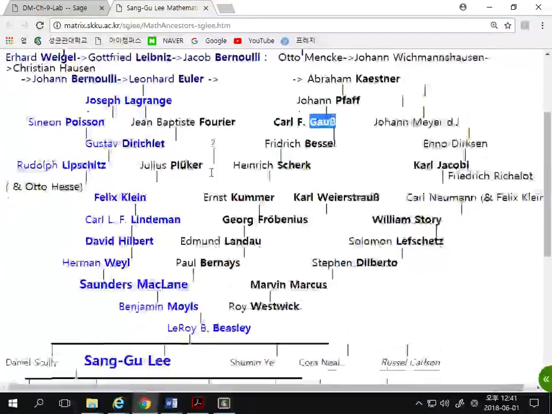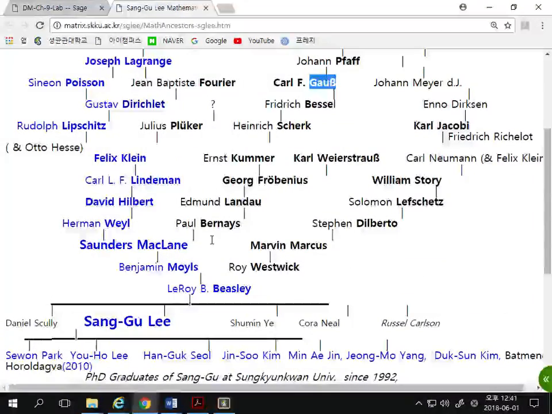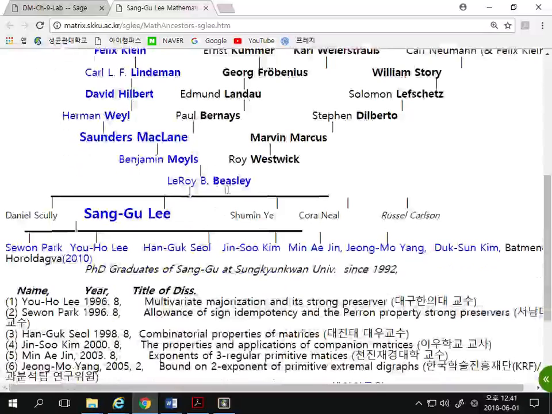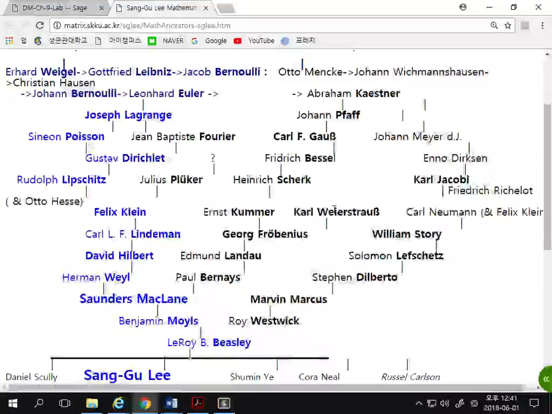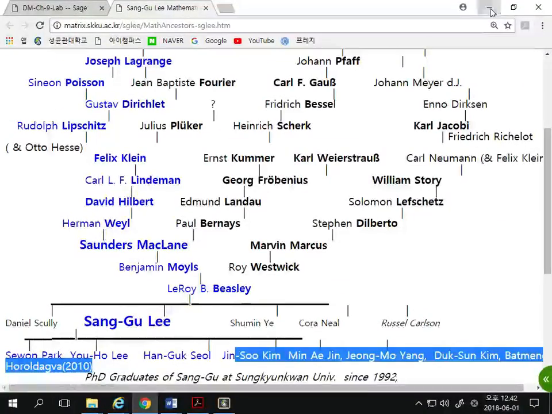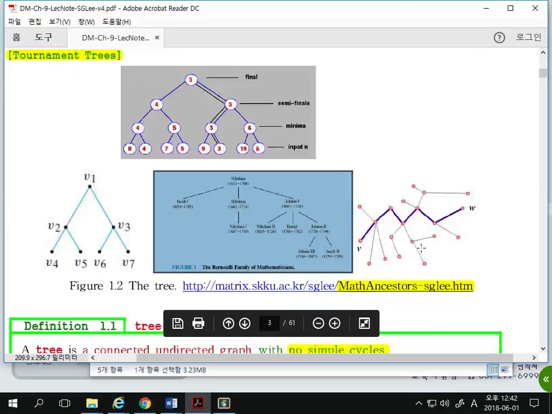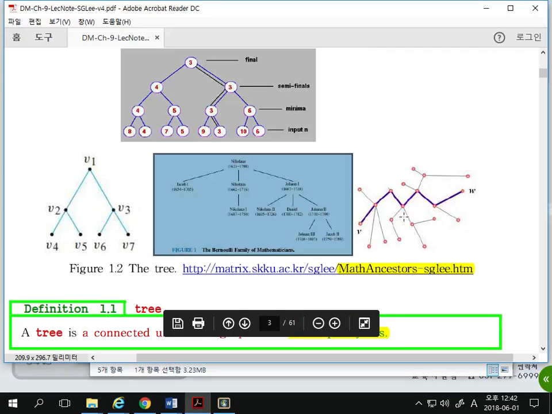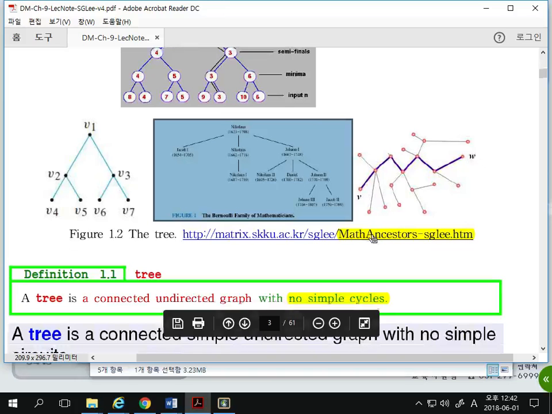So this is a kind of genealogy tree, a family tree. And I also have my academic sons like this. This kind of concept can be drawn in a graph with family trees, and this is also one example of trees.